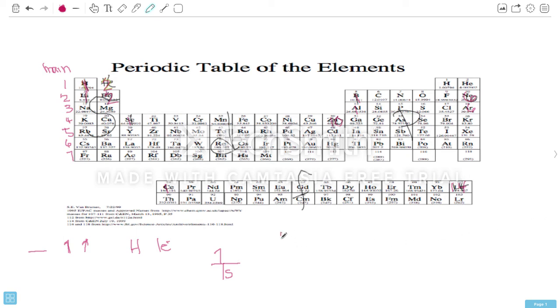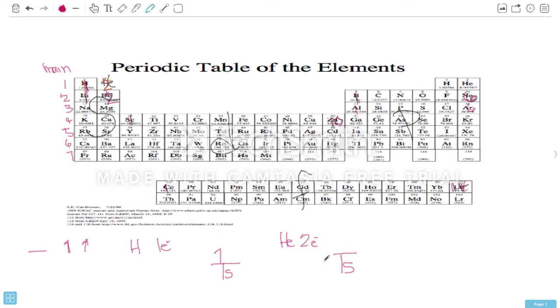Next, we can take a look at helium. Helium has 2 electrons. So again, we have to start with the lowest energy level, which is 1. The first block of elements that you come to, S. The S sublevel only has 1 orbital.